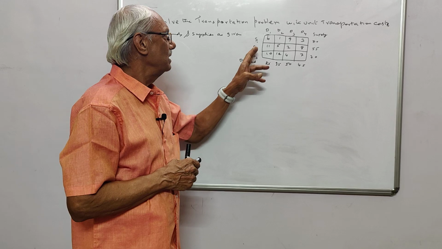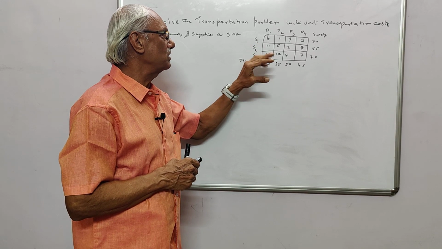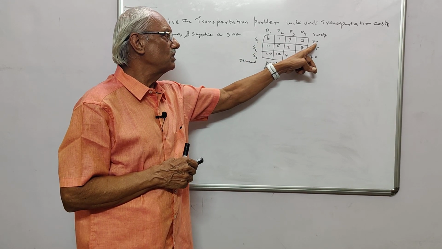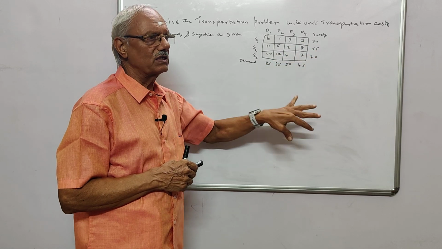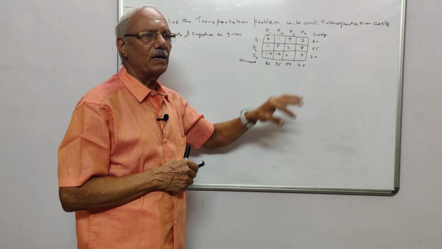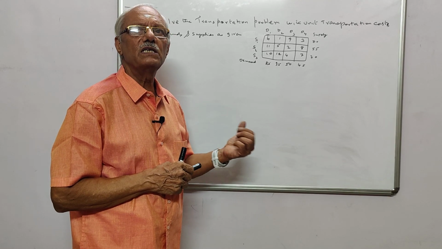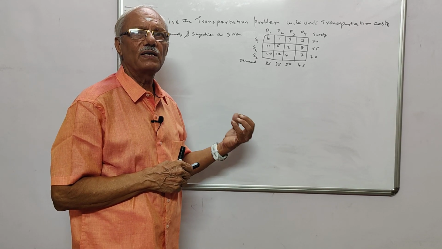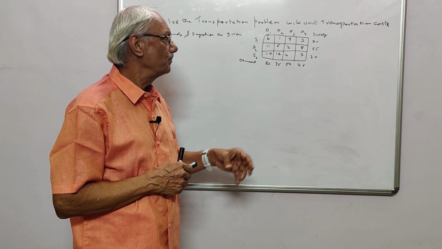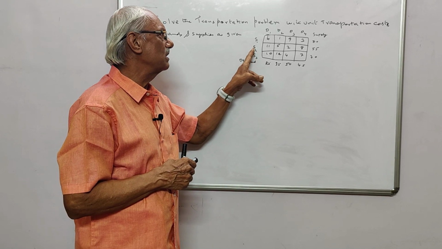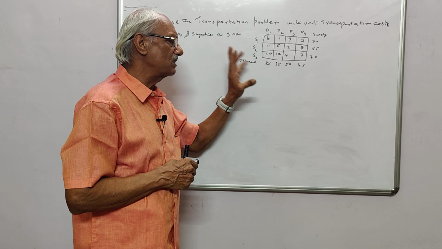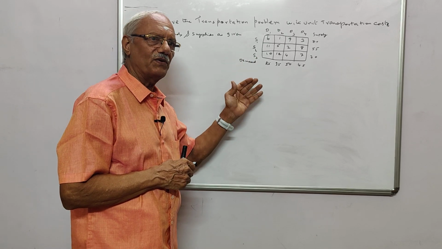Now you see that here S1 is a production unit and it produces 70 units, in the sense that it will supply 70 units to its sales unit, where they sell the products. And likewise S2 is a manufacturing unit, S3 is a manufacturing unit.